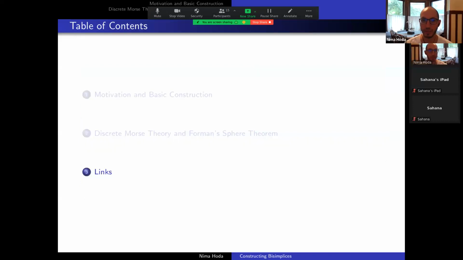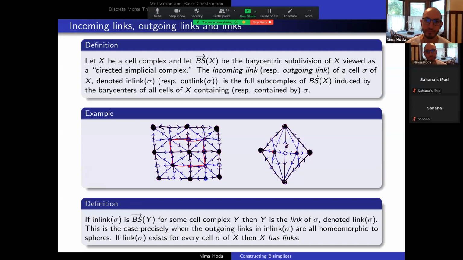Well, we have to talk about links in general cell complexes or in regular CW complexes. So if X is a cell complex, we consider the barycentric subdivision of X viewed as a directed simplicial complex. So what I mean is take the barycentric subdivision, it's a simplicial complex, and then we direct edges from higher dimensional barycenter to lower dimensional barycenter.